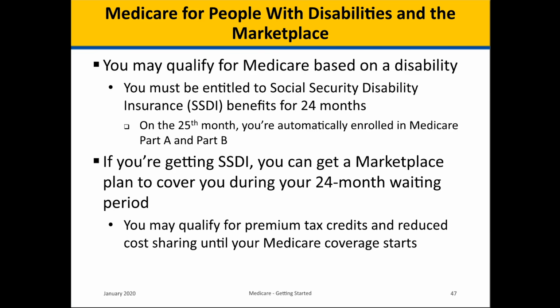Once your Part A coverage starts, any premium tax credits and reduced cost sharing you may have qualified for in the Marketplace will stop. And that is because Part A is considered minimum essential coverage. However, Part B is not. Also remember that Marketplace QHPs aren't required to pay any cost towards your coverage once you have Medicare. Next slide, please.